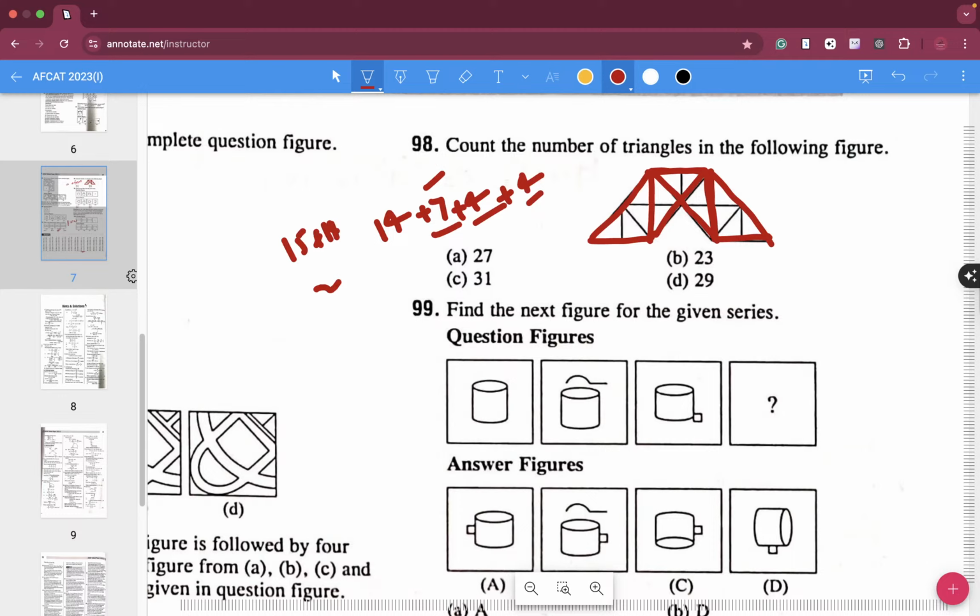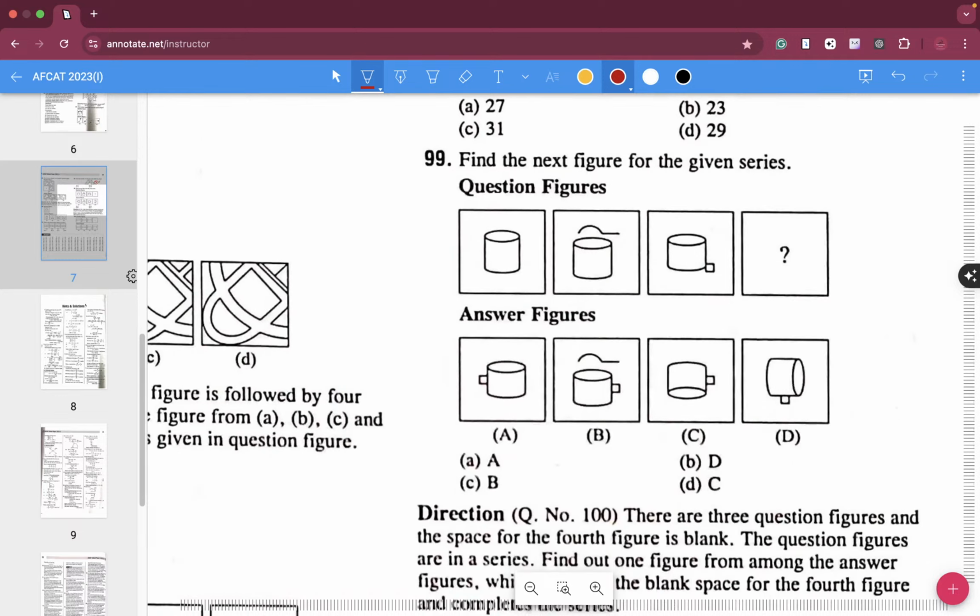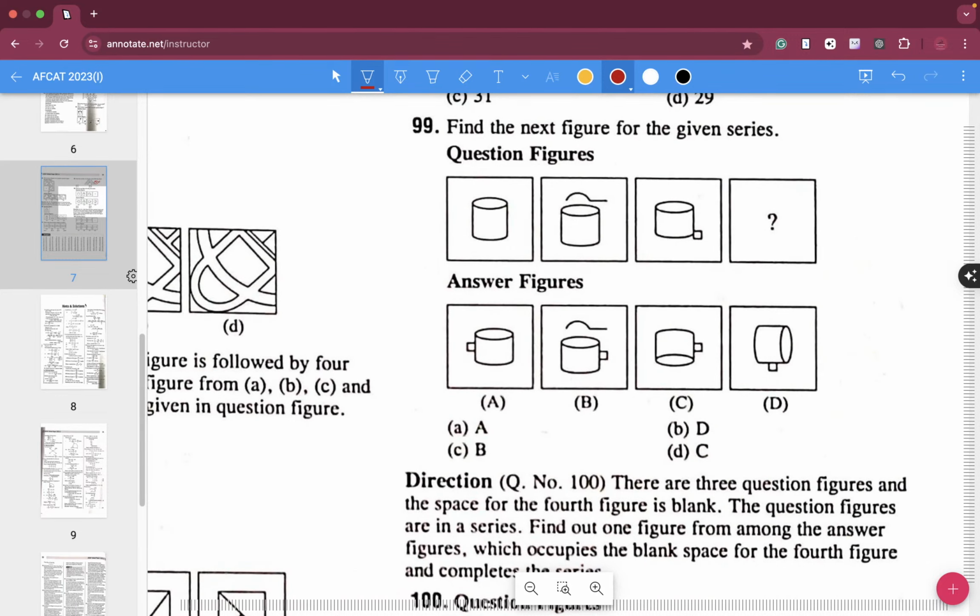Plus 14 is how much? 29. So 29 is the number of triangles in this particular question. You can mark it as B. But if you are not 100% sure about that, then I would not suggest you to take the risk. Don't take risk, you will get -1 for no reason.